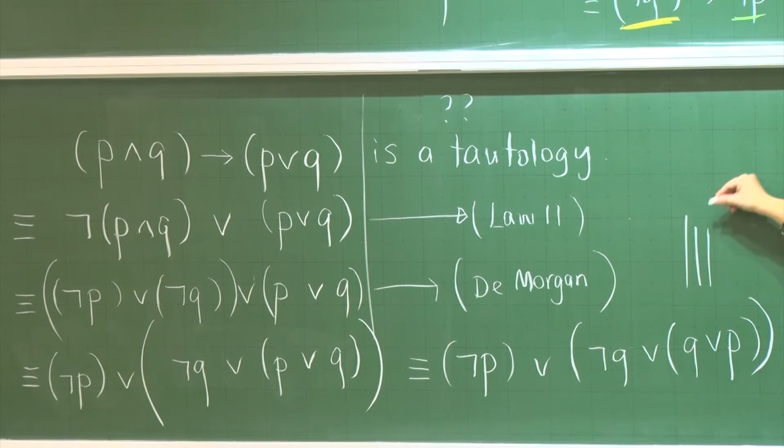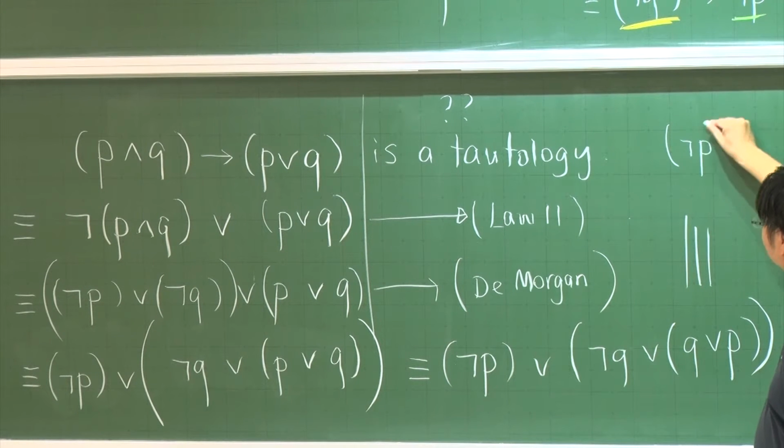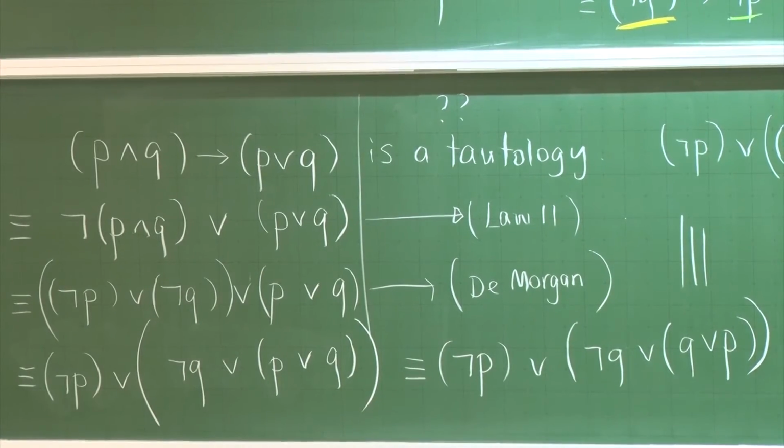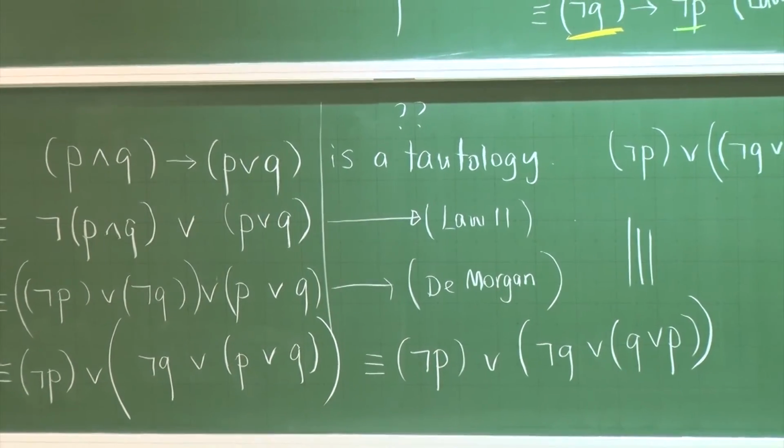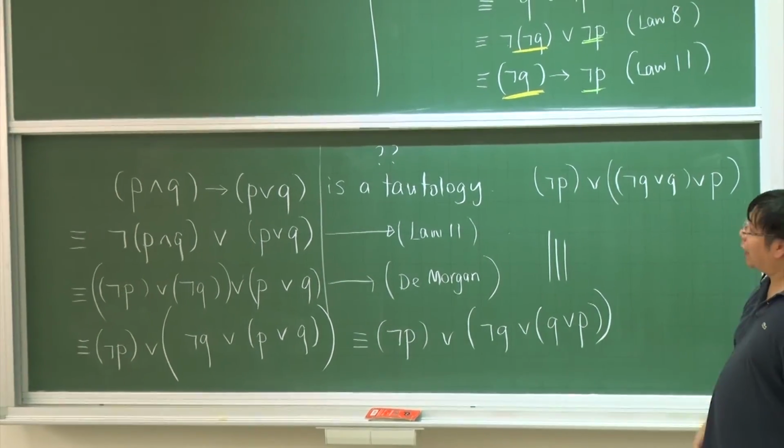Okay, so after exchanging the order, this will be equal to, so let's still write down not P or, we can have not Q or Q or P, right? And then this one, okay, now I'm lazy, so I need to write down a few more lines.